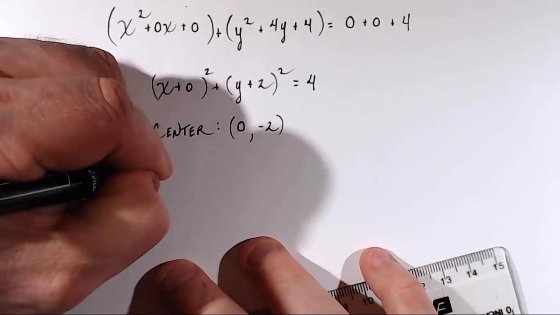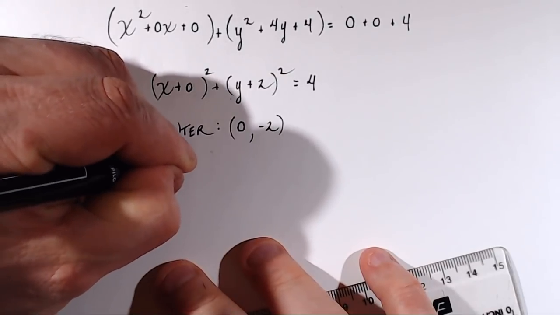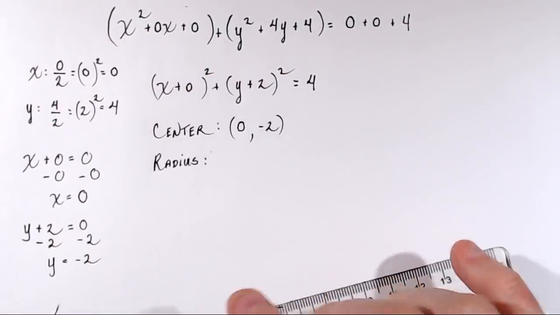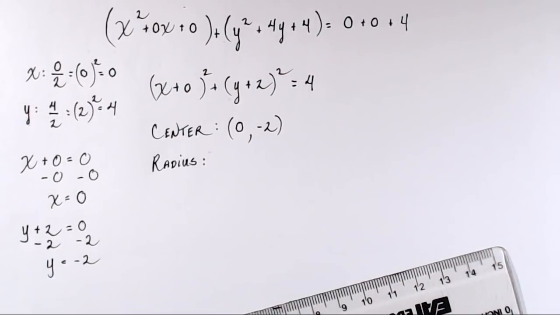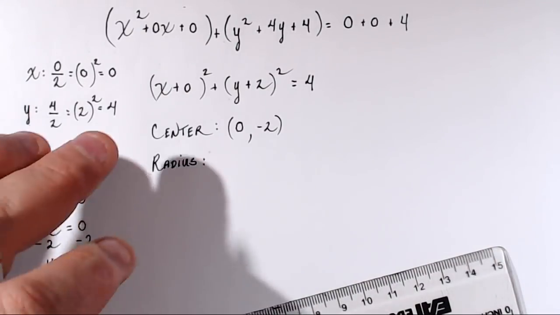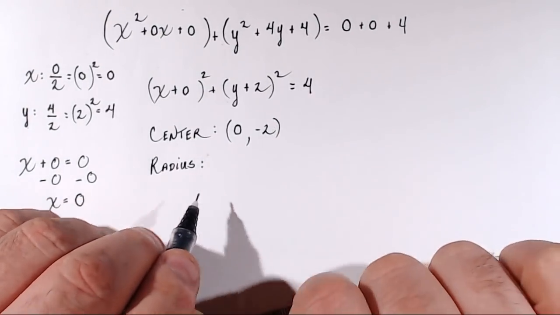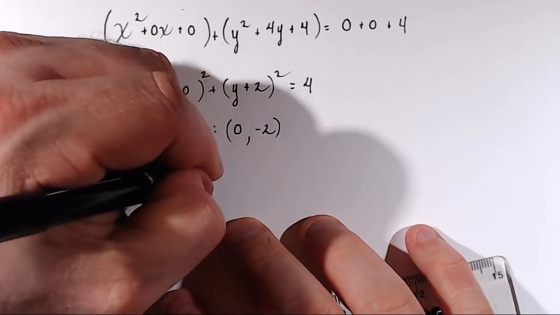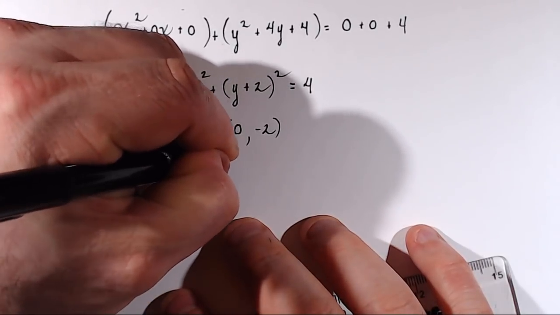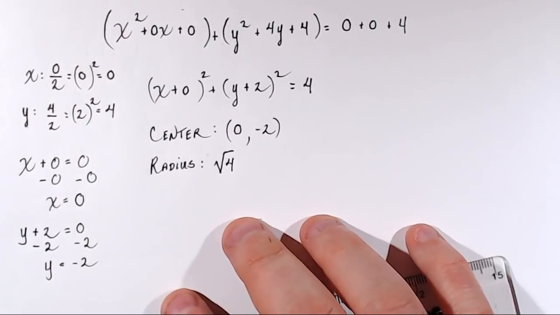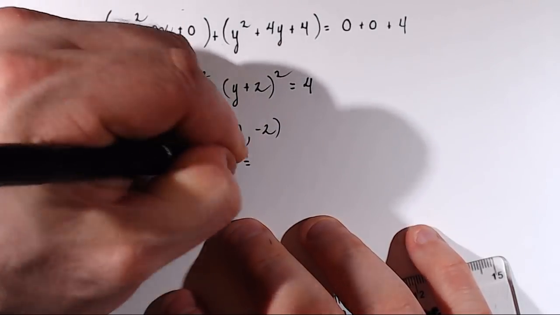Now, what is the radius? The radius is the square root of the right side. Remember, we're taking the square root of both sides in reality. We'll take the radius as the square root of the right side. So we'll take the square root of 4. And remember, I'm only looking for the positive root.